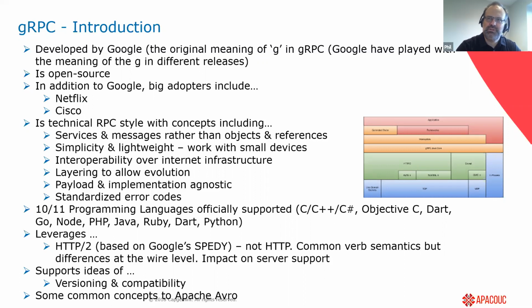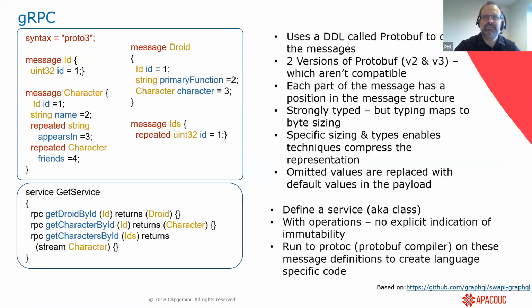And if you're familiar with Apache Avro, because you've been working with GraphQL or something like that, familiar with Kafka, then this will feel fairly familiar because there's some common ideas here. Let's have a look at a gRPC definition again.